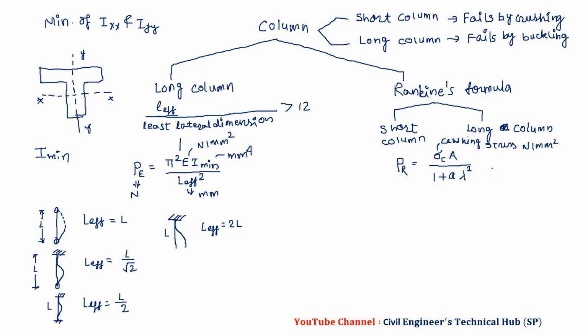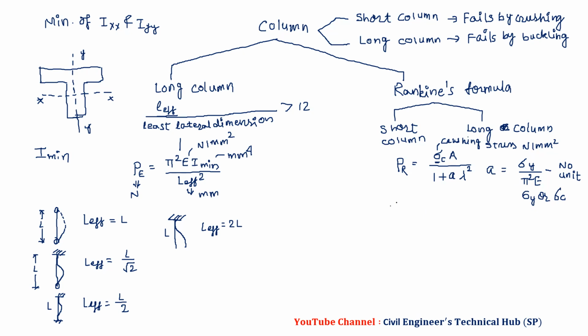Small a is Rankine's constant, and it is given by sigma y upon pi square E. Now it does not have any unit, no unit, because we have sigma y and we have E, units get cancelled. And this value generally depends upon your material. Value of sigma y: you can take this sigma y or you can write it as sigma c, one and the same. Whatever you write in the numerator, the same you have to consider in this also.